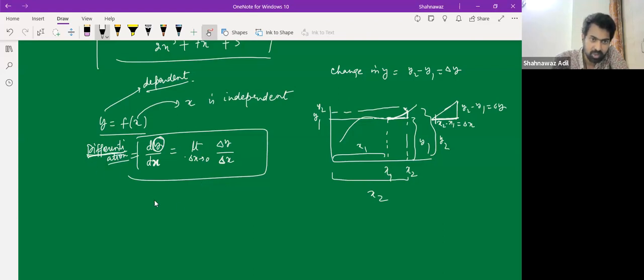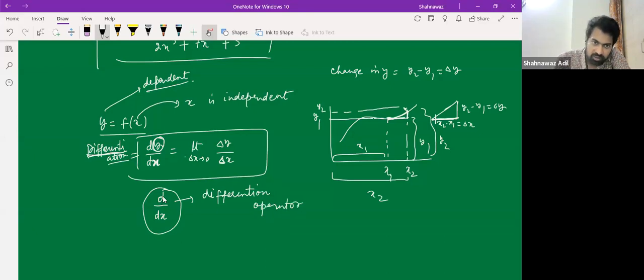So this is the importance of differentiation, and this is its mathematical meaning. This is called the differentiation operator. Whenever you write it, you always write it combined. This is the whole operator; you don't write d by d separately.